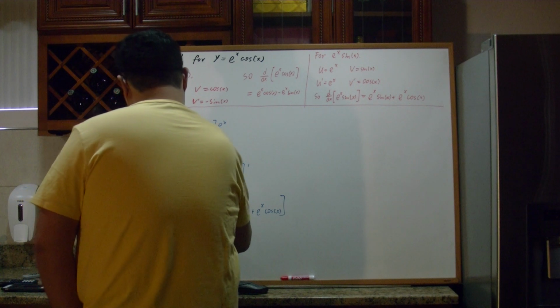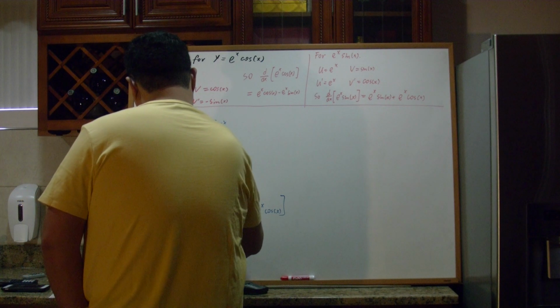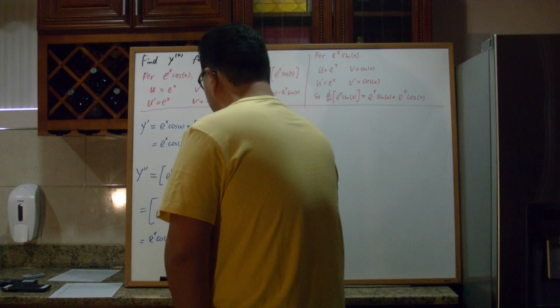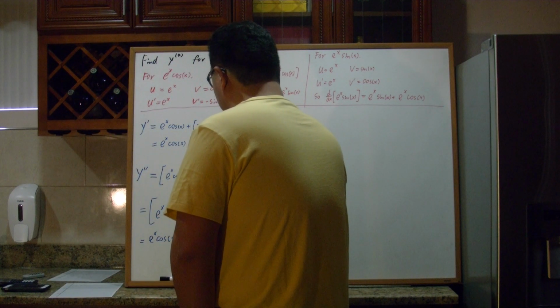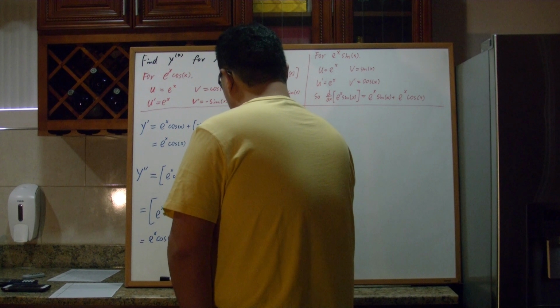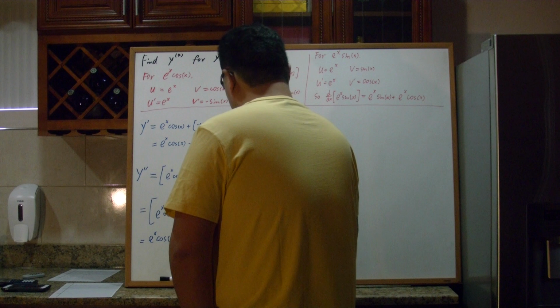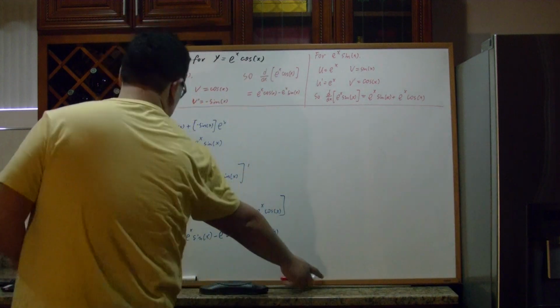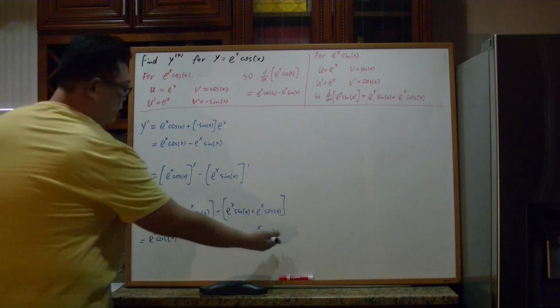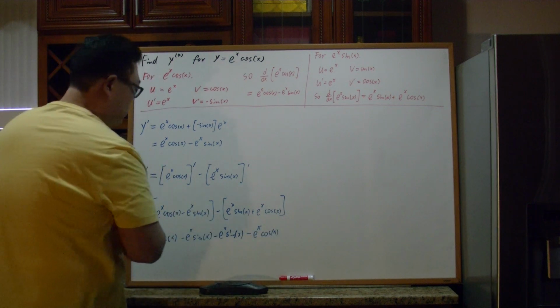It is not necessary to include this step if you can directly see what will happen. But expanding it out is always a little benefit: we have the e to the x cosine x terms, which cancel because they have opposite signs.